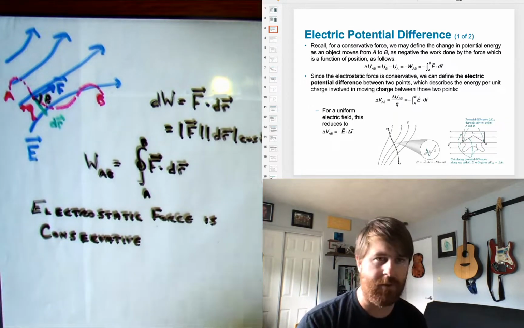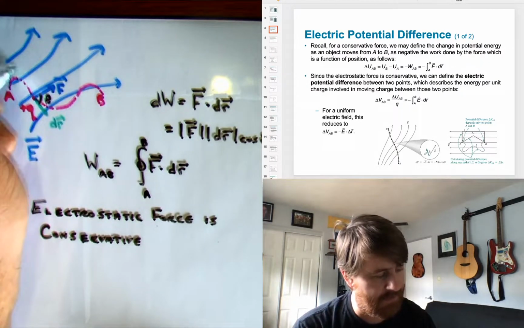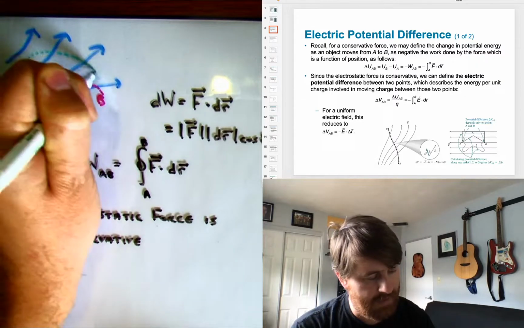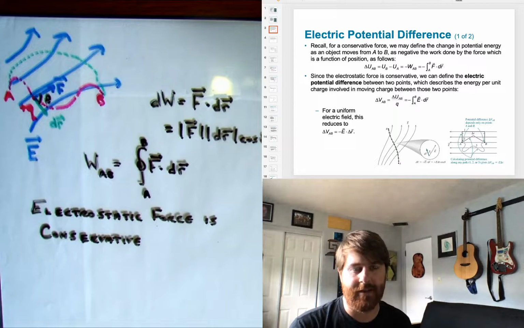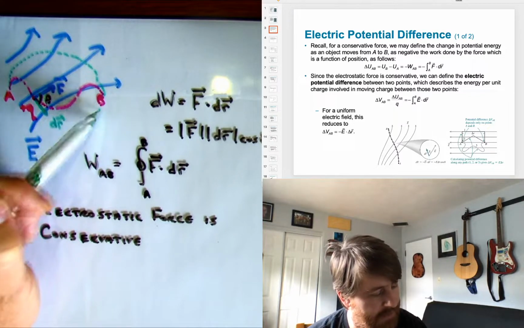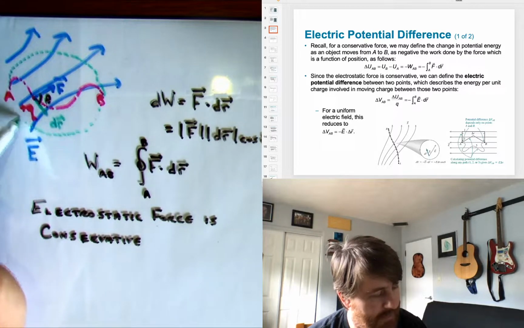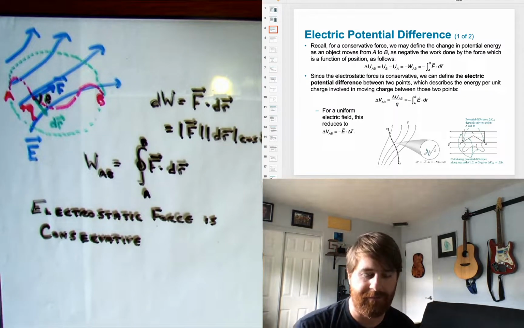I could have found the work done in going from A to B this way, or I could have picked a different way to go from A to B. And the work done taking a different path would be exactly the same. Further, if I went back to where I started, if I took a path that took me back to A, I would find that the work done in moving on a closed path is 0.